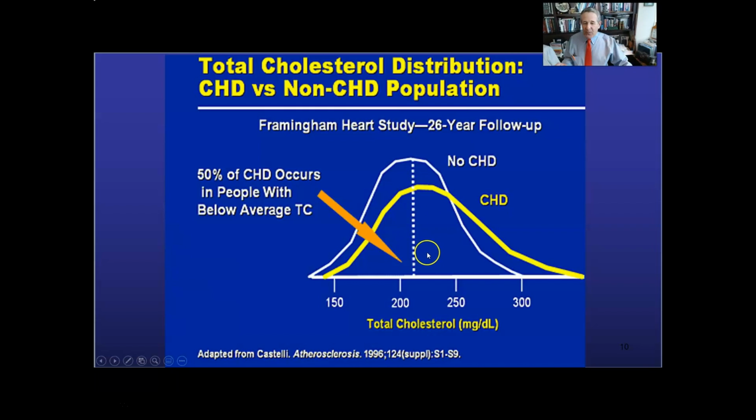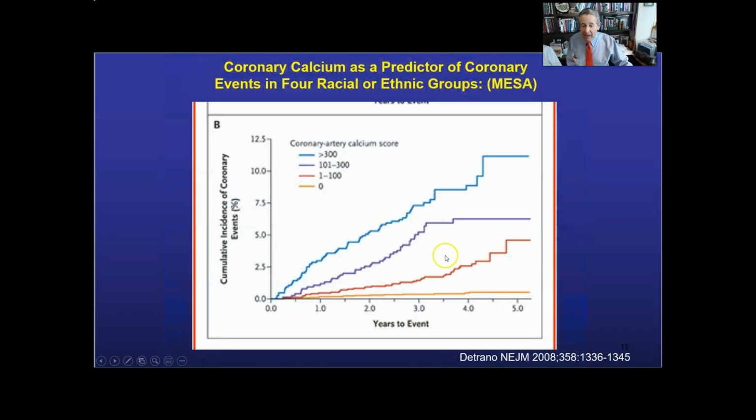It did not differentiate in individuals, slightly in a population. When we look from the MESA study at calcium scores in those with 0 versus any level, these are not the type of small increase in percentages we see in population and observational studies. These are 3, 5, 10 times the risk when calcium is present, and depending on how high the score is.